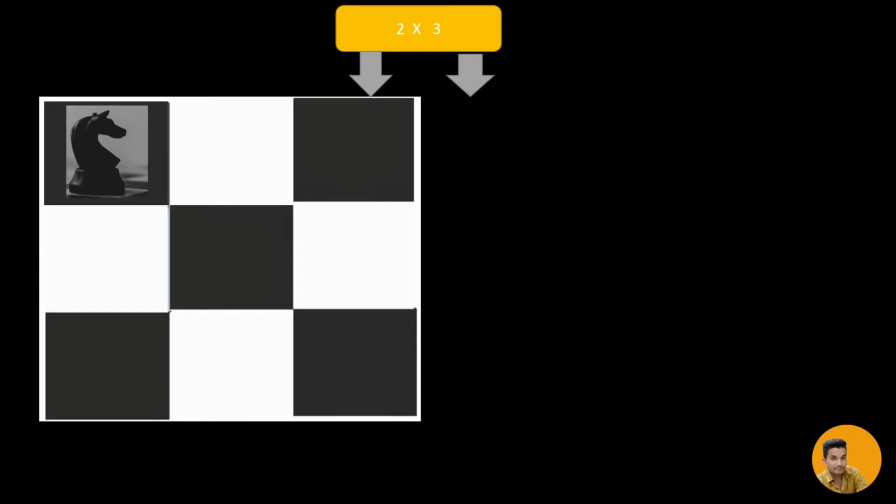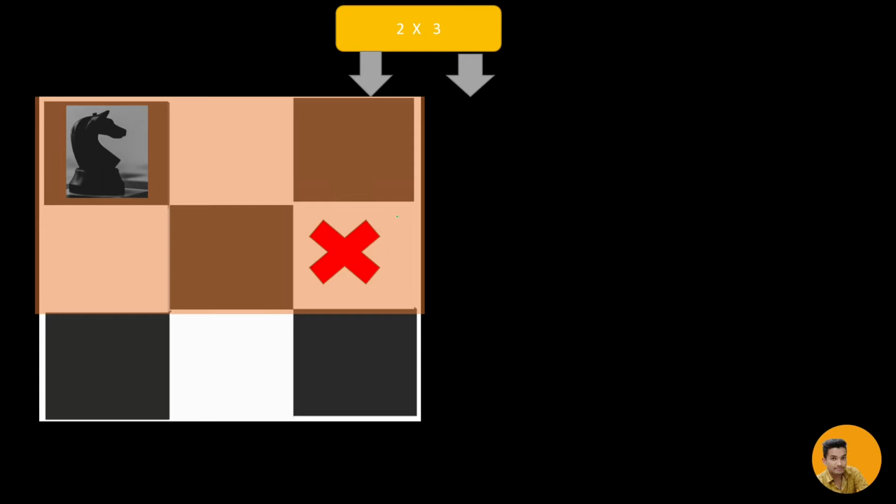A knight is placed here, the other knight can't be placed here. This is a single 2 cross 3, right? 2 rows and 3 columns. So the other knight can't be placed here. So this is a single 2 cross 3.